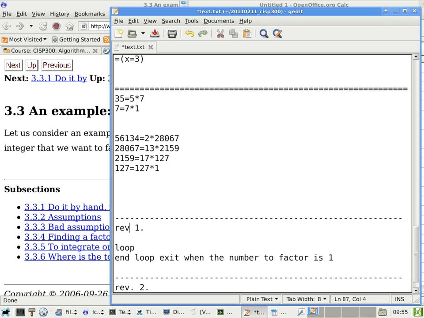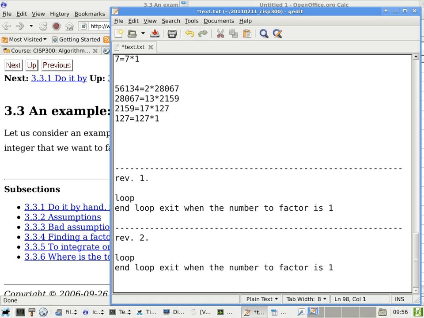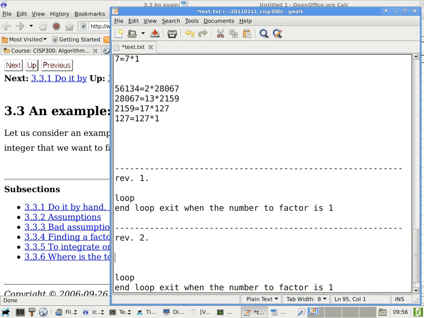I think what I can do is to improve this a little bit, because this is a little bit vague. Okay, the number to factor is 1. So in revision 2, I'll just use variable names to make it more precise. So I will say the number, let's call the number to factor n.